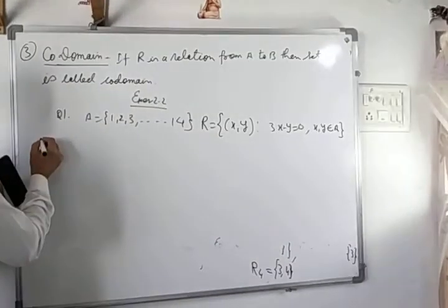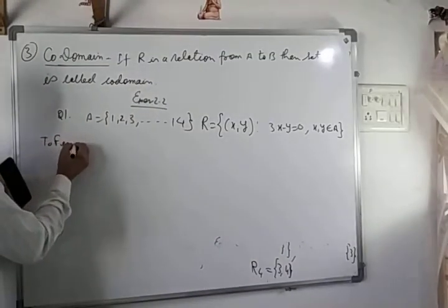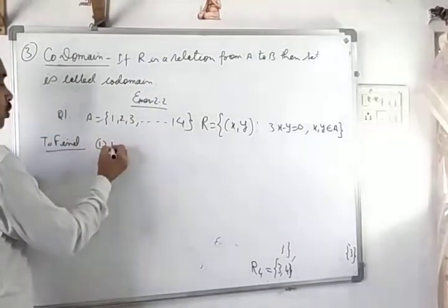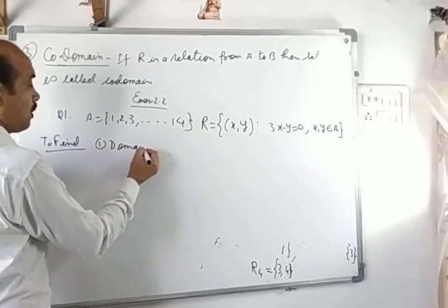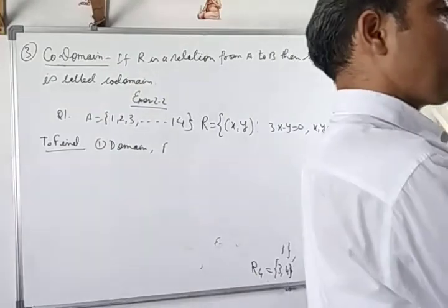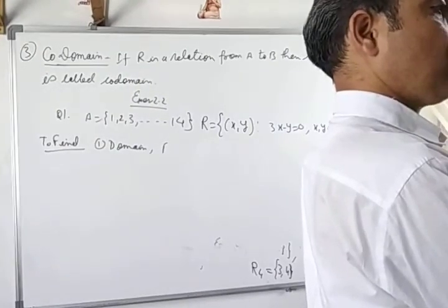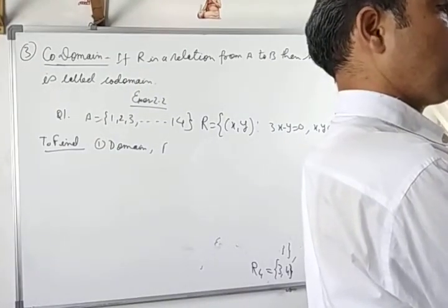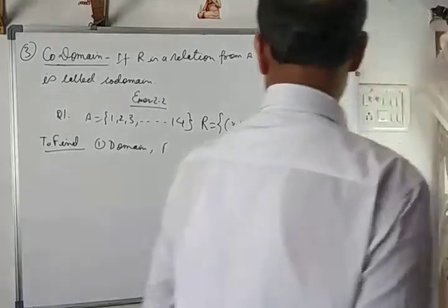Now what is to be found: domain, range, and I think relation in roster form. Domain, codomain and range.